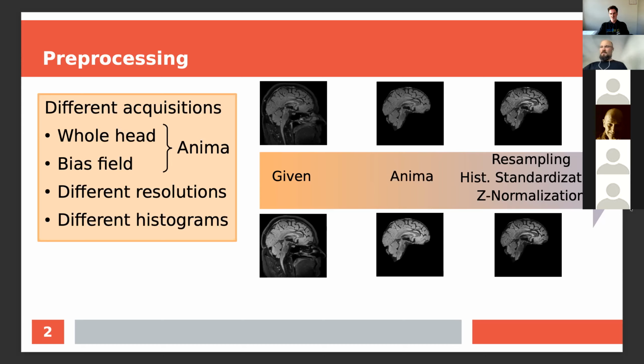We use the Anima scripts provided by the challenge, and then to work with different resolution and different histogram, we first perform a resampling, then histogram standardization, the new method to get all the histograms comparable, and Z normalization to have intensities around 0 in a quite small range.